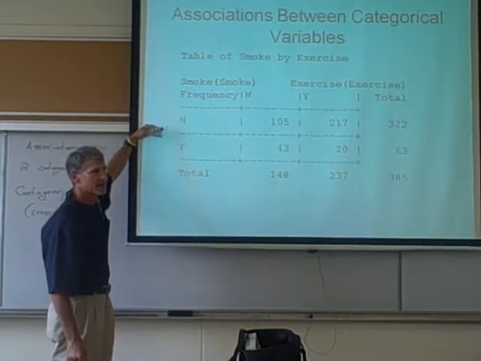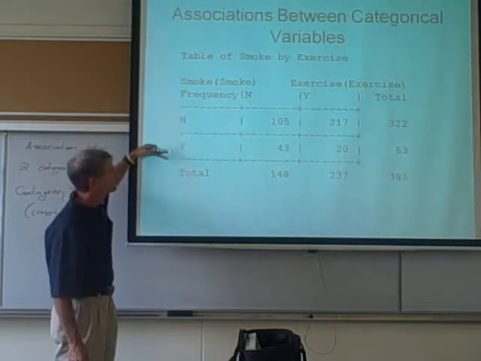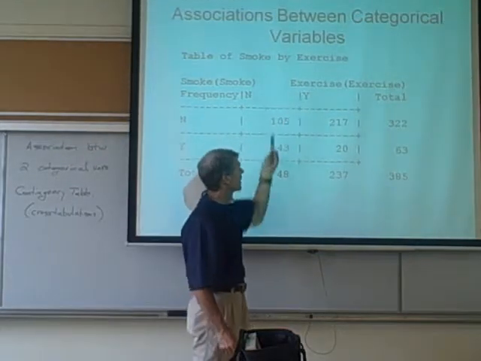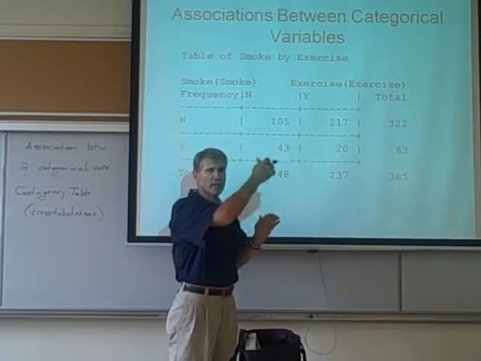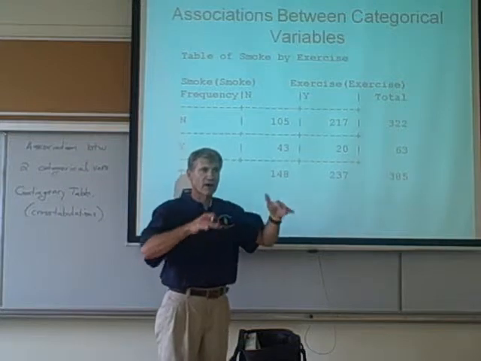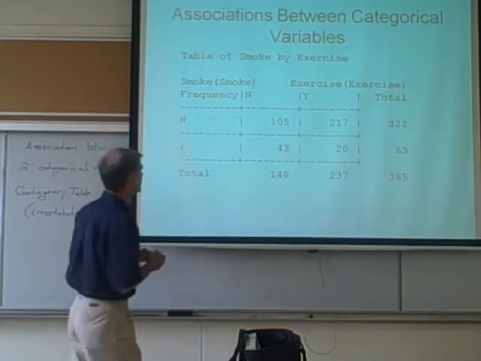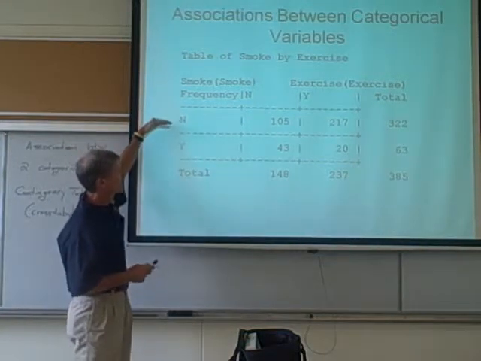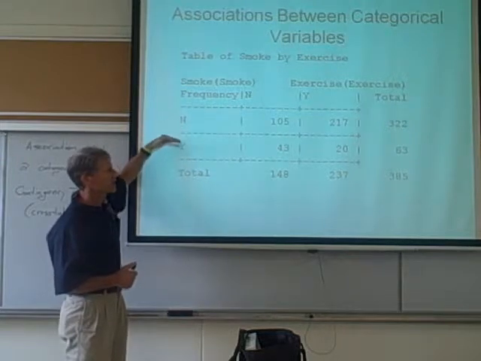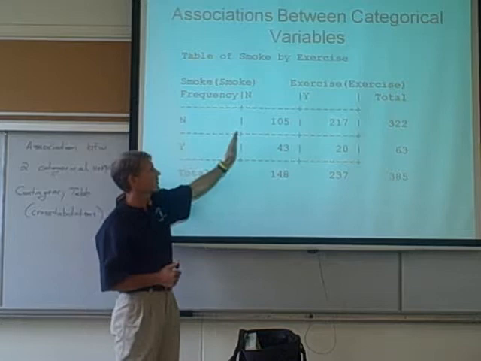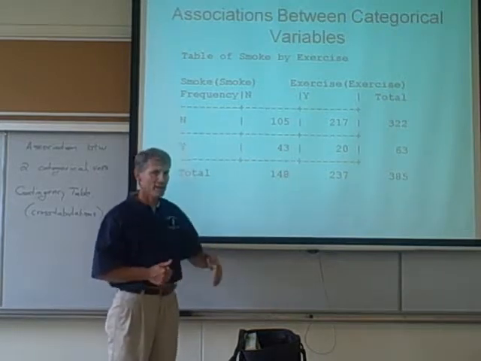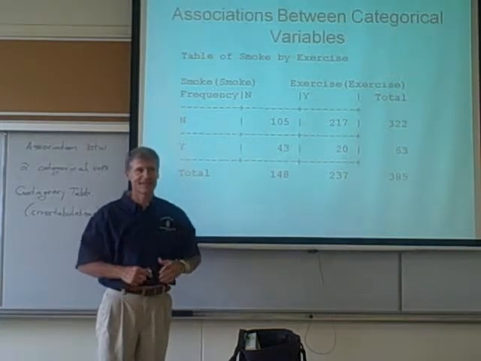So it's clear that that's my row variable, and exercise is my column variable. So a contingency table has rows and columns, just like a data file. The variable whose categories make up the rows is called the row variable, and the one whose categories make up the columns is called the column variable. It's neat how we name things.